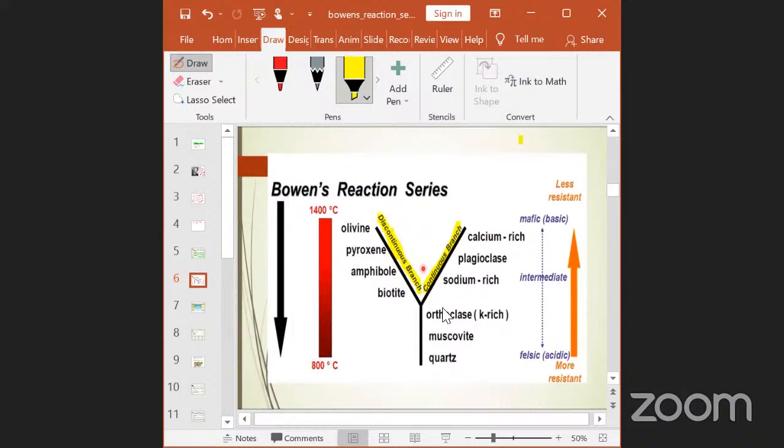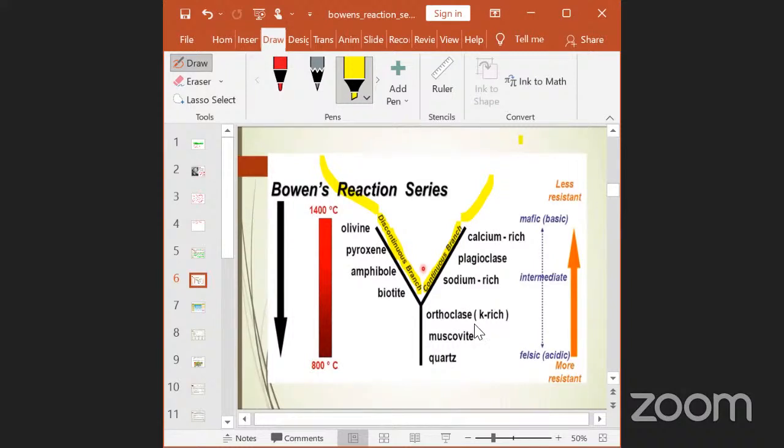In this diagram, on the right side is the continuous branch series. On the left, the mineral reaction shows the discontinuous series. So you remember these two branches, continuous and discontinuous.